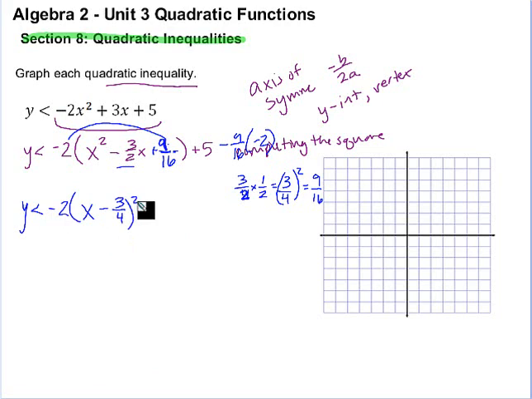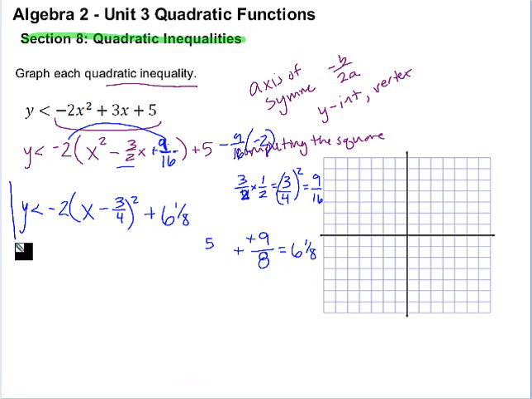Negative 9/16 times negative 2 would be positive 9/8. And then we want to add 5 to this. So 5 plus 9/8 would be 6 1/8. So we would then say plus 6 1/8.